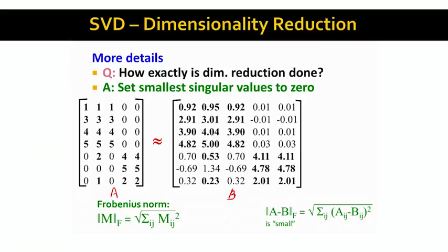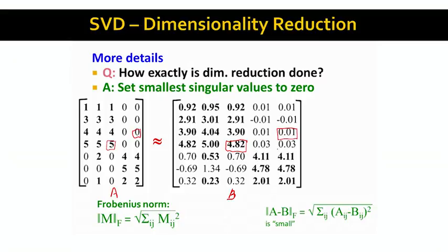What I mean by similar is that if I take a given element, for example this number 5 here, and compare it to the same cell in matrix B, we see that the difference is very small. Or for example, I can take this 0 here, compare it to the corresponding element in B, and again I see the difference is very small.